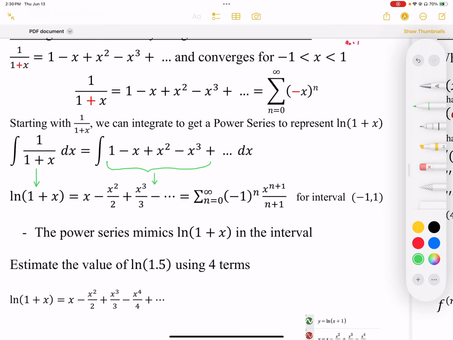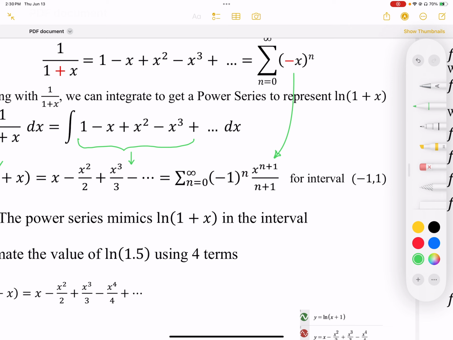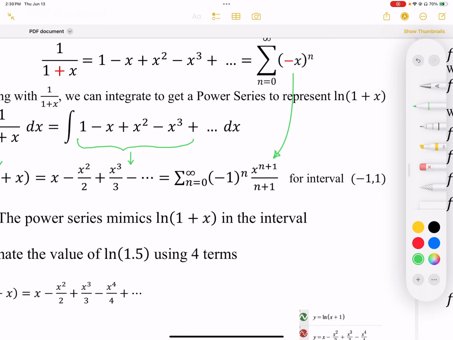And not only that, I can integrate the generalization. I don't have to do it term by term. And I'm going to get the generalized formula for the series that will calculate the log of 1 plus x.